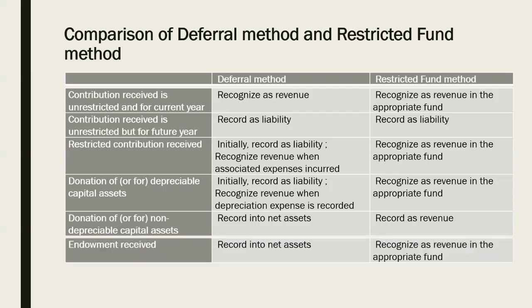If an endowment is received, under the deferral method, again, because for the endowment there can be no reverse matching of revenues to expenses, the amount of endowment received is recorded directly as an increase to net assets. Under the restricted fund method, we recognize the endowment as revenue in the endowment fund.